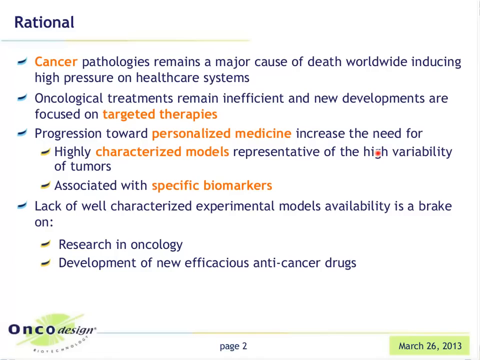And there is a new need also to associate all this pathology with specific biomarkers. And for this, we really need models that represent the patients. And the lack of well-characterized experimental models is a brake on the research in oncology and development of new efficacious anti-cancer drugs.